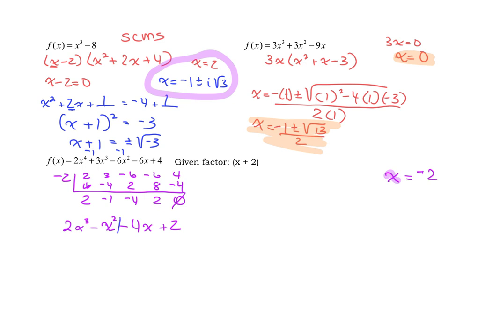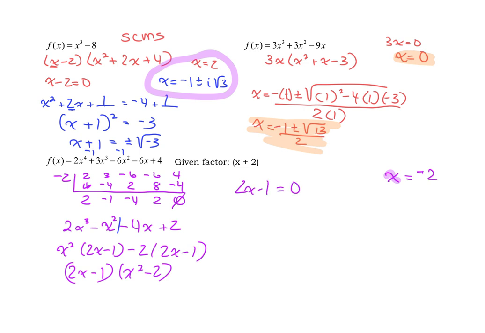Factor by grouping. x squared in common leaves me 2x minus 1, minus 2, 2x minus 1. So I have factors of 2x minus 1 and x squared minus 2. So 2x minus 1 equals 0 and x squared minus 2 equals 0.